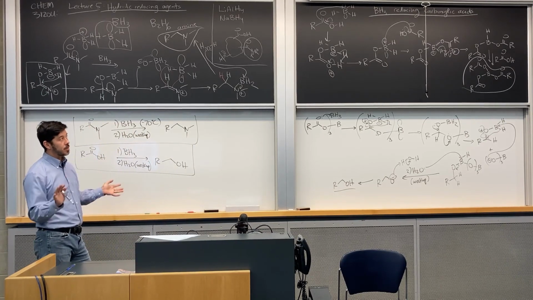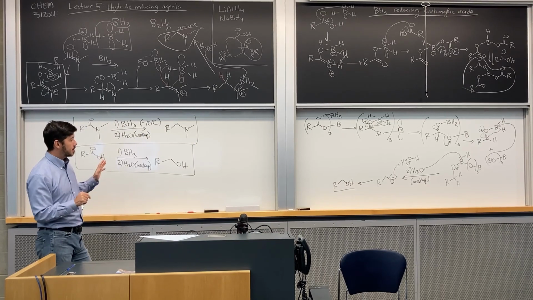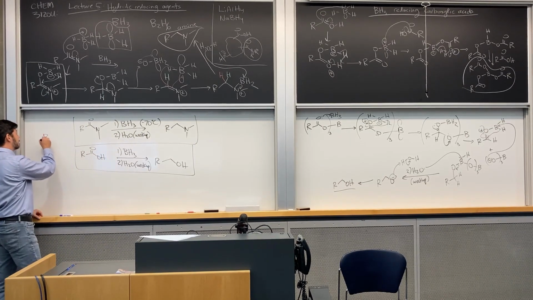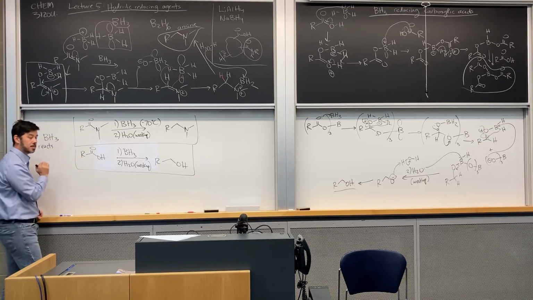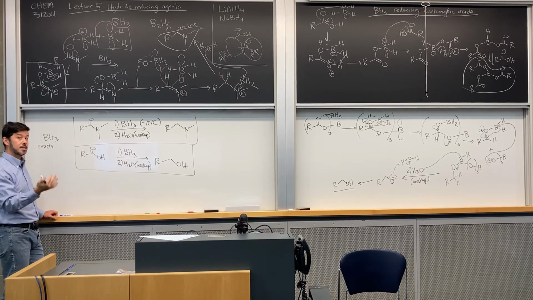We'll do a summary of all these different reducing agents at the end of this lecture, but what's important about BH3 is that it reacts with electron-rich substrates, so things like amides and carboxylic acids. So it reacts very poorly with things like aldehydes and ketones.